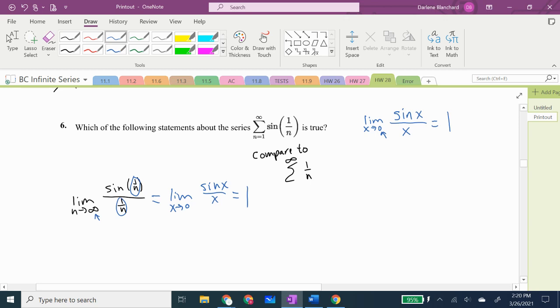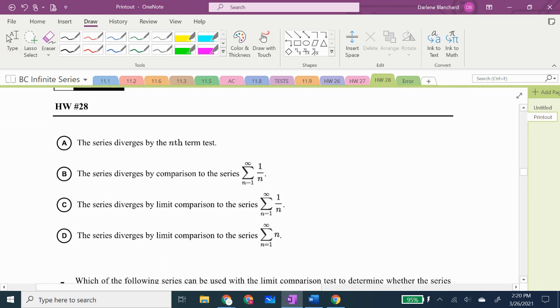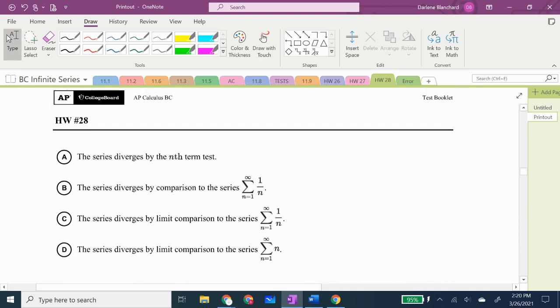So by the limit comparison test, because this answer is not 0 and not infinity, so basically it's greater than 0 and finite, I am allowed to compare it to 1 over n. They both converge or they both diverge. That diverges, therefore I can say that the series diverges by the limit comparison test to this series.